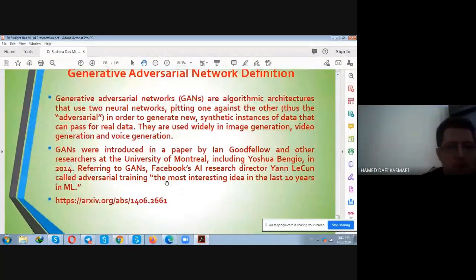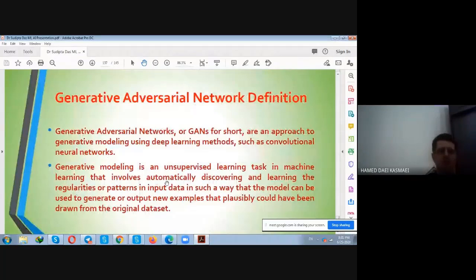Generative adversarial networks, or GANs for short, are an approach to generative modeling using deep learning methods such as convolutional neural networks. Generative modeling is an unsupervised learning task in machine learning that involves automatically discovering and learning the regularities or patterns in input data in such a way that the model can be used to generate or output new examples that plausibly could have been drawn from the original data set, okay?